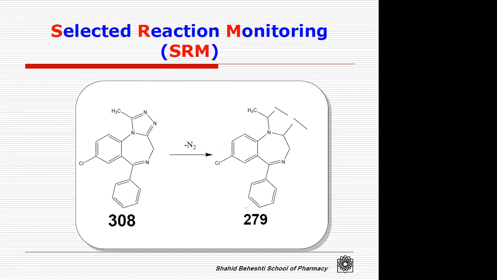If you adjust the mass spectrometer so that it just monitors the transition of 308 to 279, then even if you have other molecules with different molecular weights, they would be invisible to this monitoring, since they don't have the parent molecule of 308, and when they are fragmented, they change to a compound which is not 279.